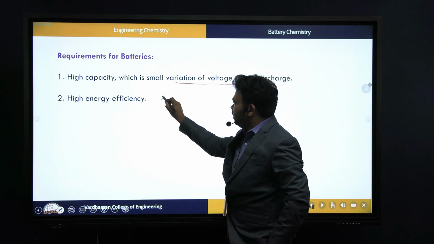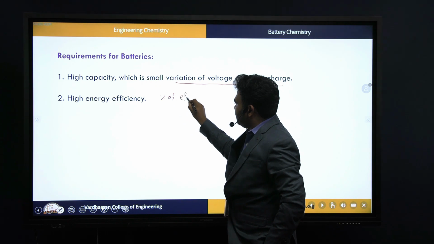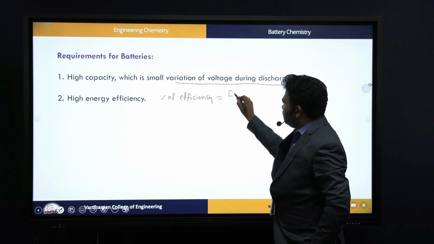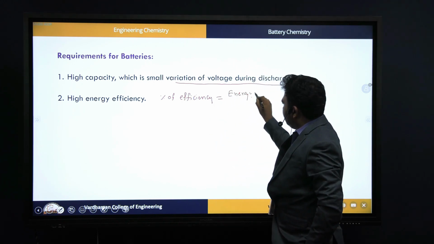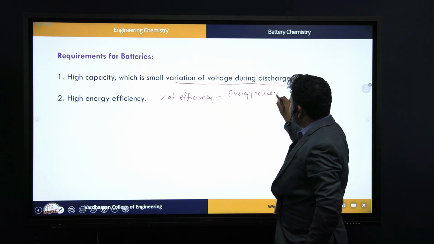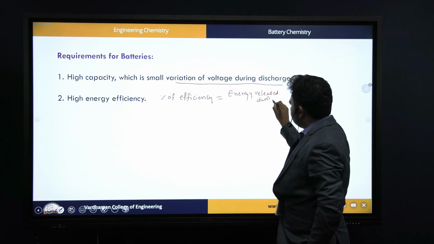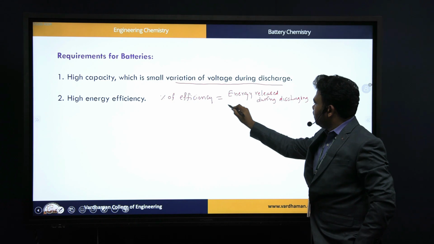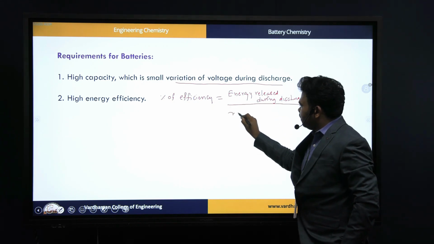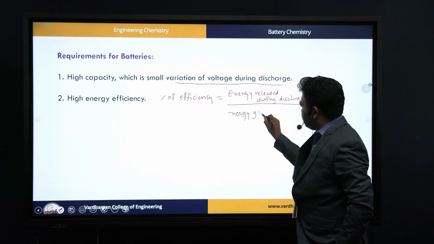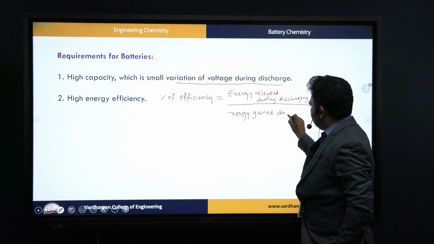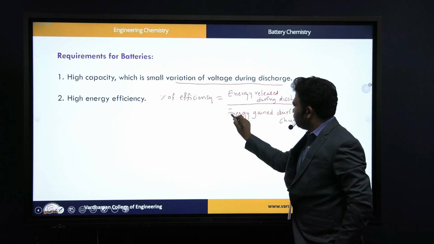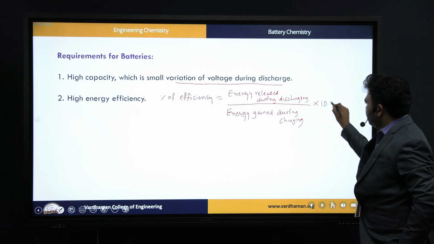Energy efficiency, that is, percentage of efficiency is equal to energy released during discharging divided by energy gained during charging, into 100.